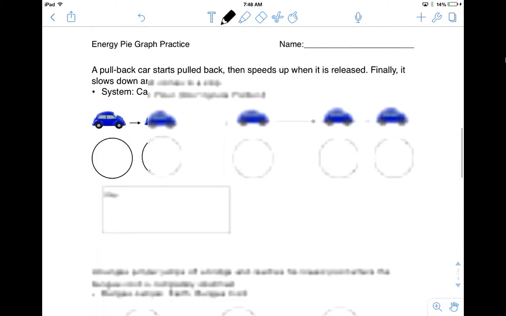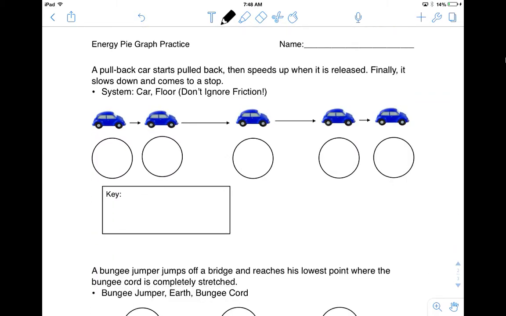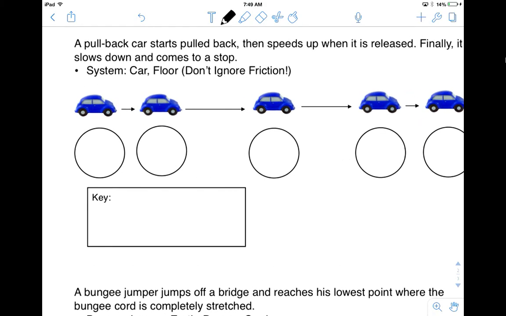Now the next one, energy pie graph. A pullback car starts pulled back, then speeds up when it's released. If we think about the pullback car, if this is the point where it's pulled all the way back and it's not moving yet, that means it has no kinetic energy, but all potential energy.